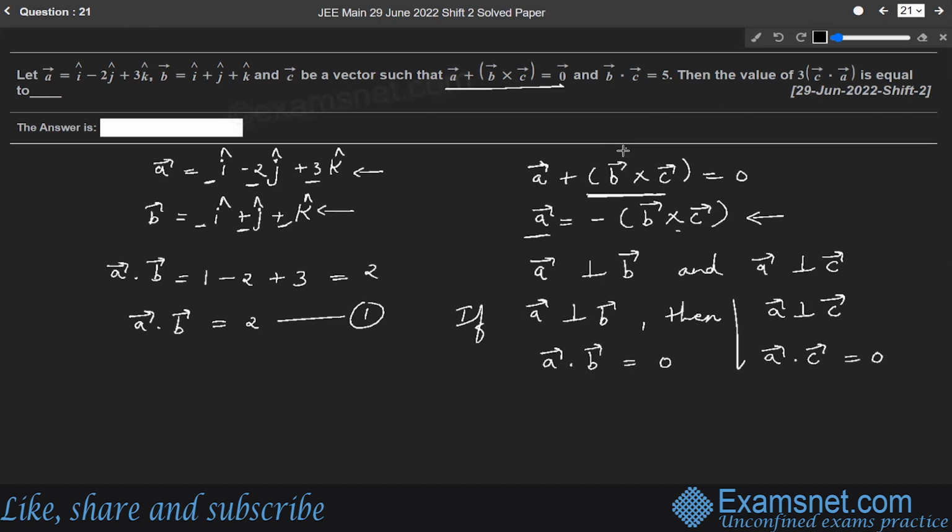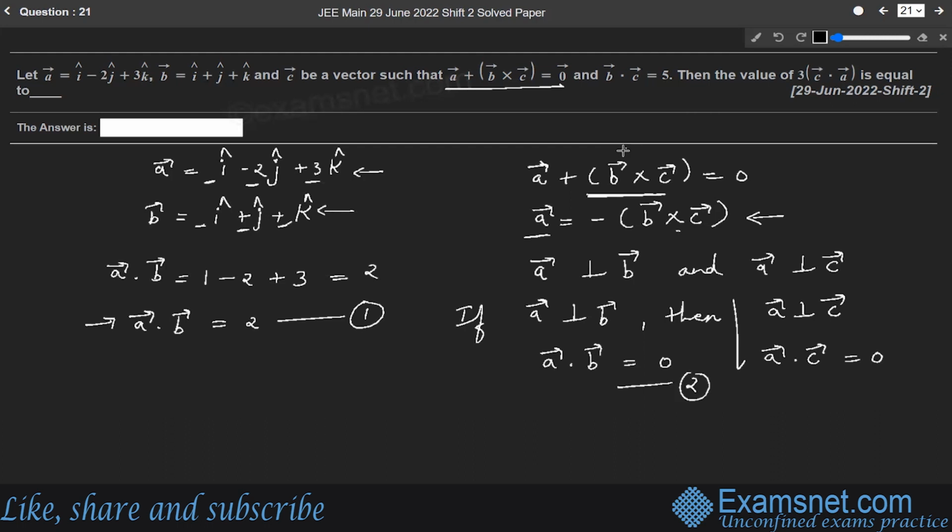But you can see that we have already found the value of A vector dot B vector. According to the data given in the question, the value of A vector dot B vector is 2. But according to the condition, if A vector is perpendicular to B vector, then the dot product should be equal to 0. Consider this as equation 2.